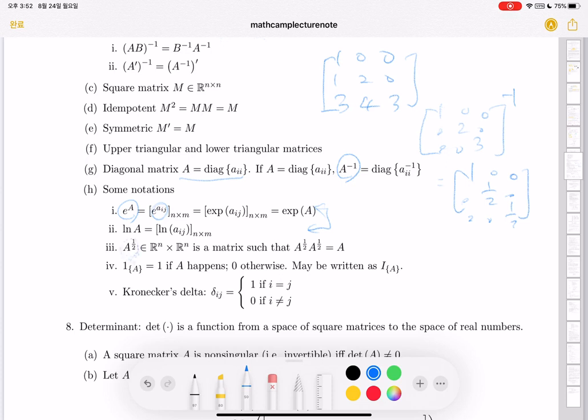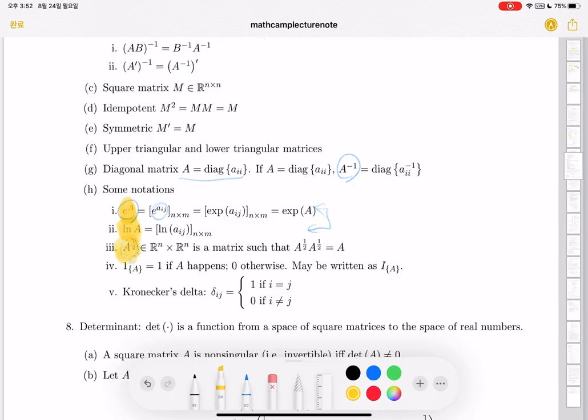This is a matrix. So A to the power 1/2, all these three are notations for specific forms of matrices.